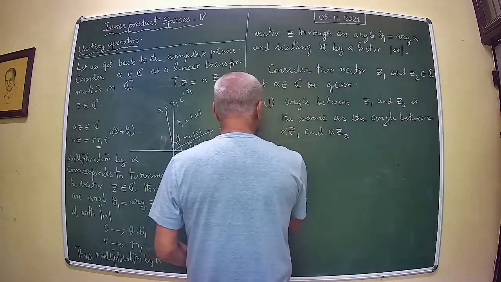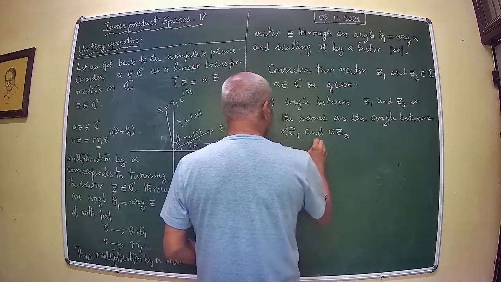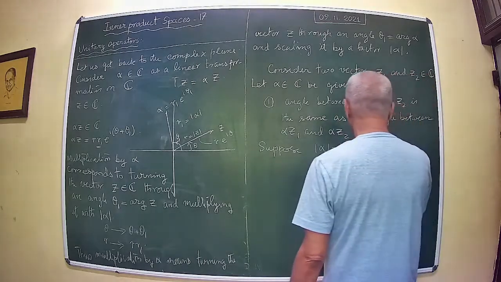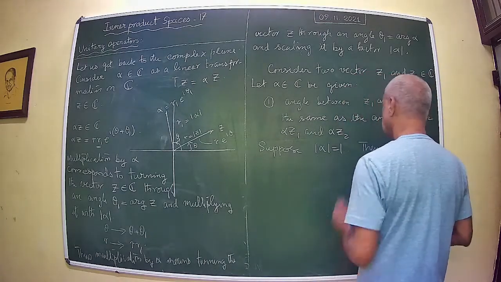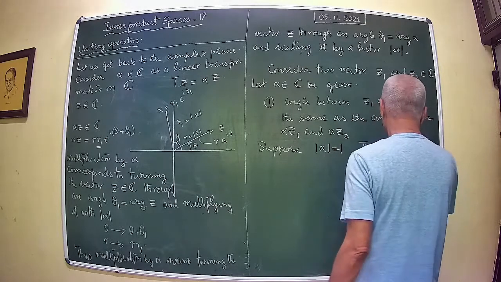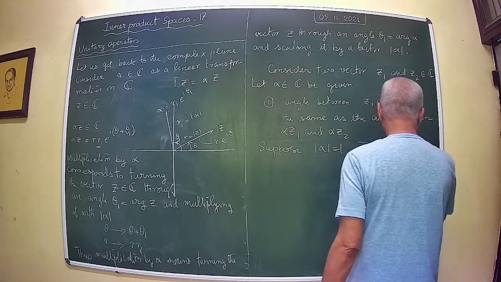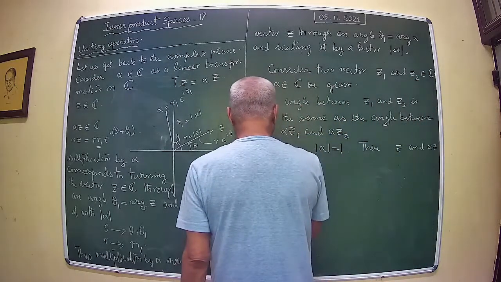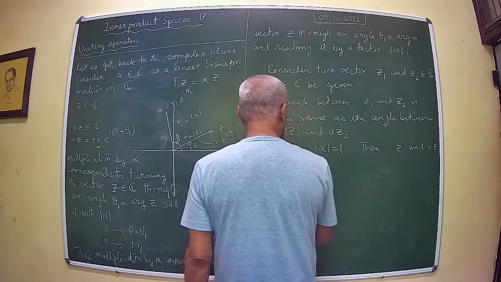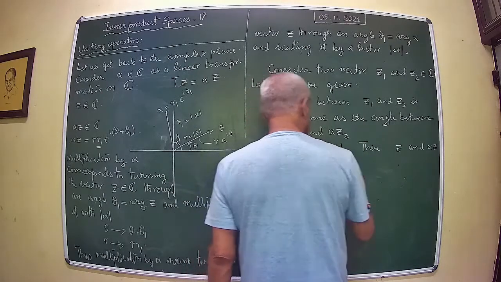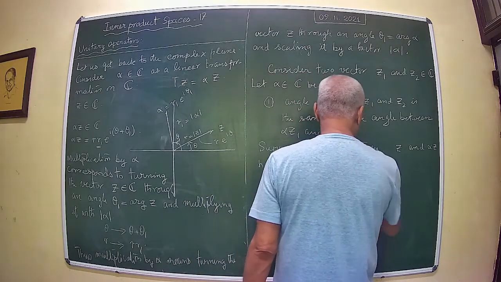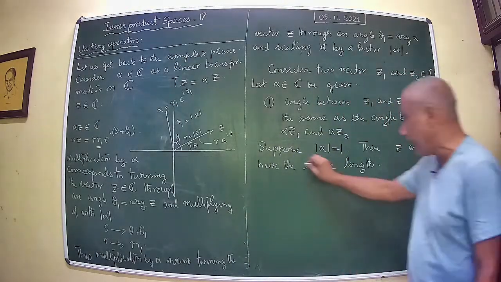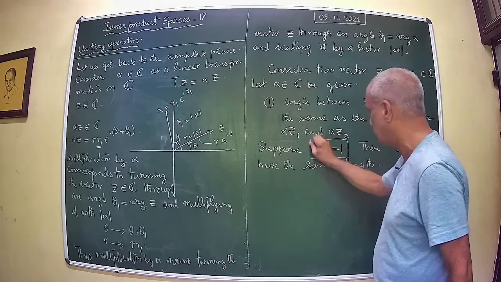Suppose mod alpha is equal to 1, then z and alpha z have the same length. That means the length is preserved by this, provided this condition is true.